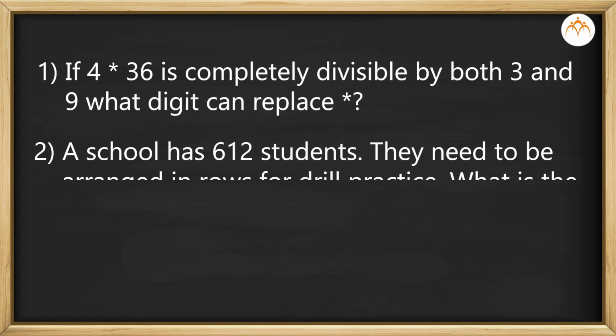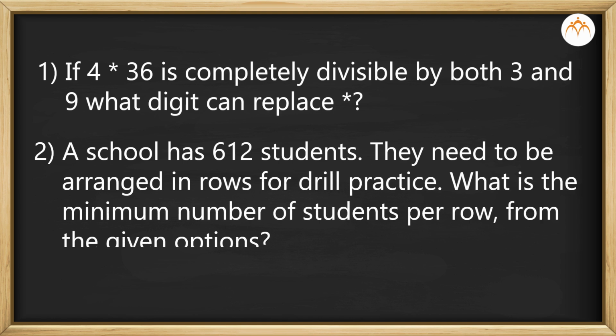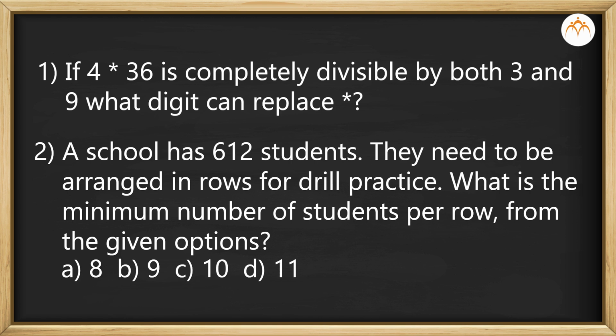A school has 612 students. They need to be arranged in rows for drill practice. What is the minimum number of students per row from the given options? A 8, B 9, C 10 and D 11.